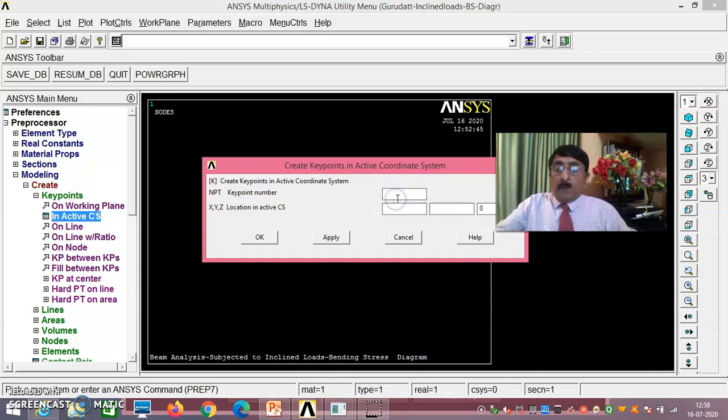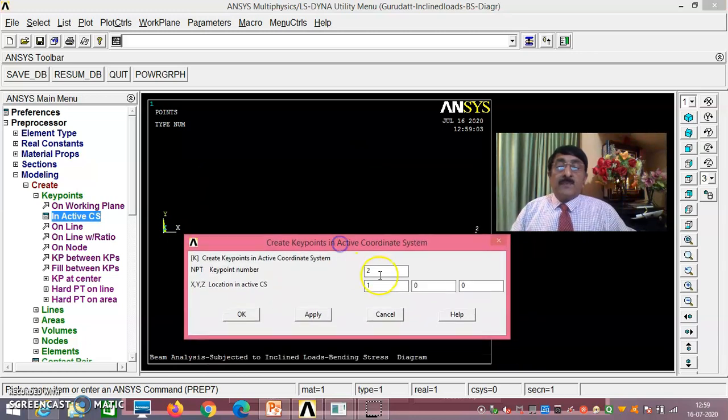Key point 1 you say 0, 0, 0, and just say apply. Key point 2, you say 1, 0, 0, apply. Key point 3 is 2, 0, 0, apply.